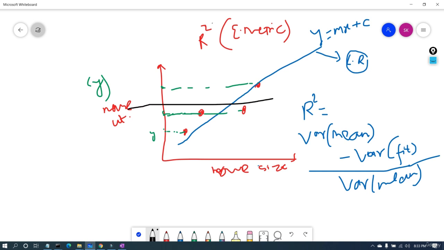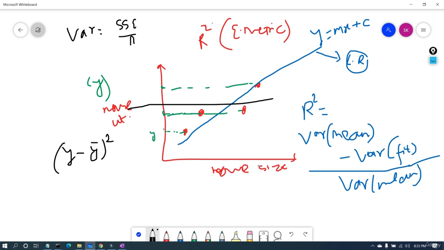Now calculate the distance between this y value and the average. That means calculate y minus y bar and compute its square, which means computing the variance. The variance formula is nothing but the sum of squared error divided by n.